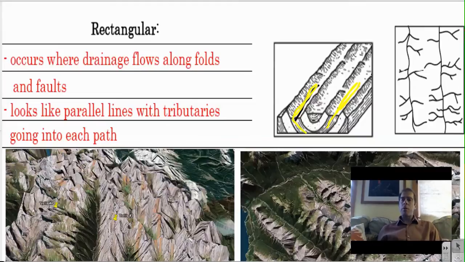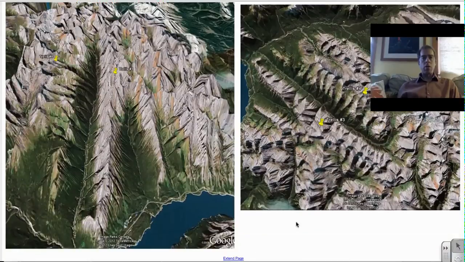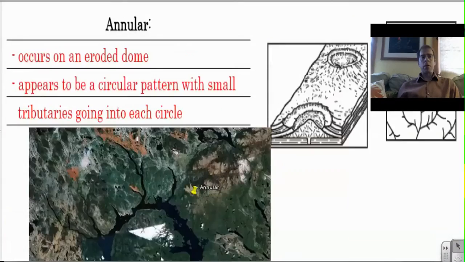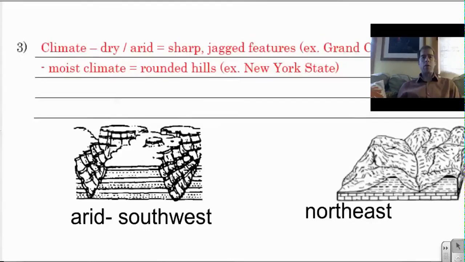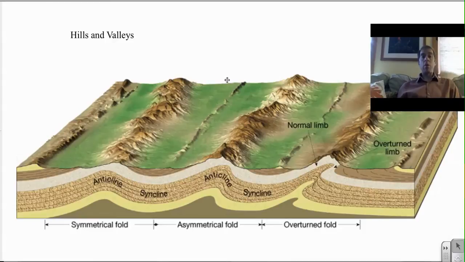If I move this out of the way and scroll this up, you can see in stream valleys here, these would be similar parallel layers, and in areas where you have, let's go back to this example here, this area would lend itself to it as well, and you can see where it folded.